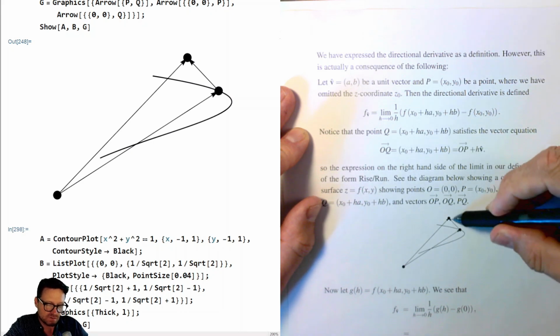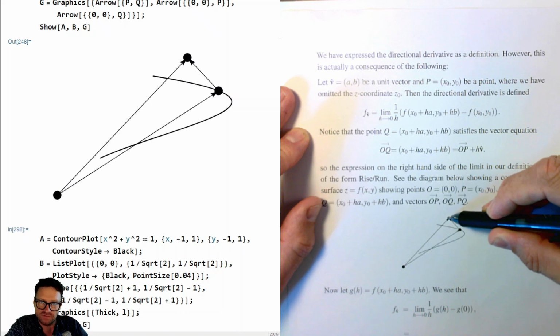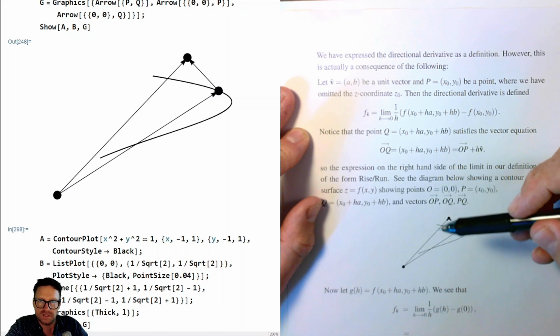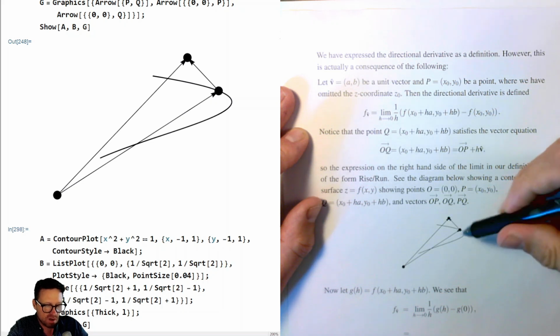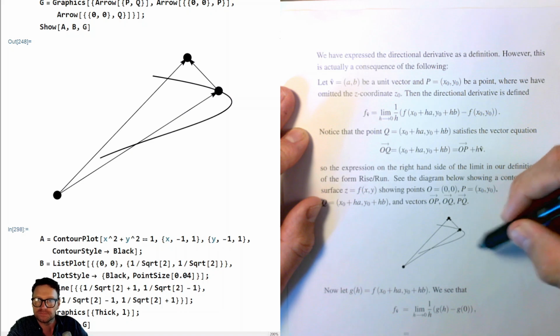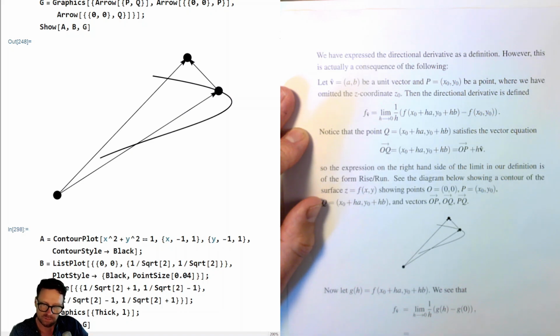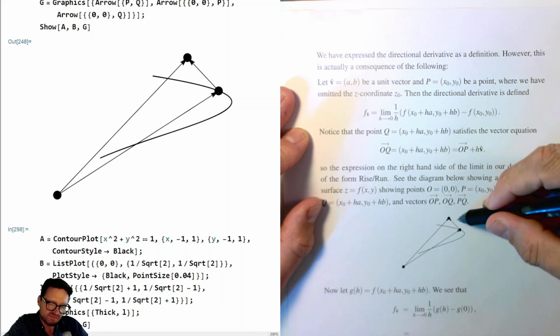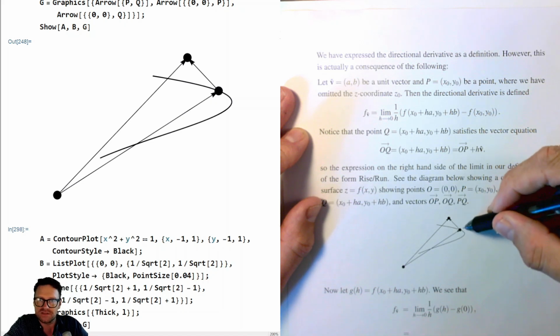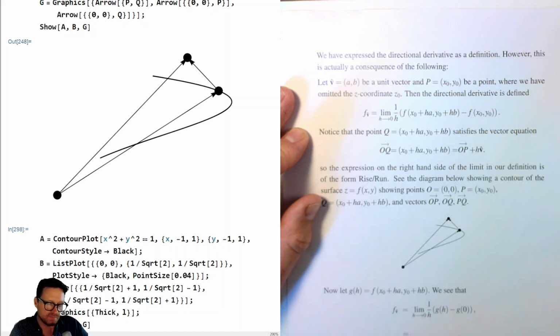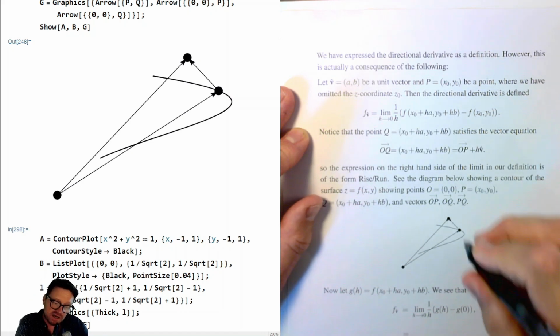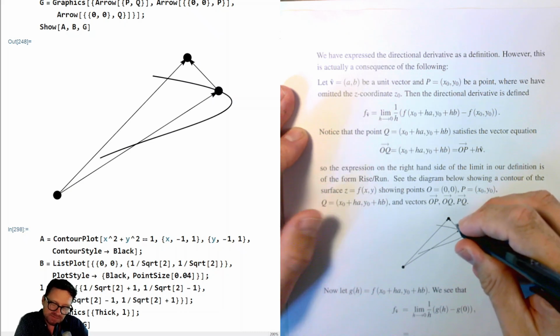The rise is the value of the function here up above minus f of x0, y0. So that's our rise, and our run is h, because the length of this vector right here will be h, given that v hat is a unit vector. I'll start to fill in this diagram, and I need to write pretty small.